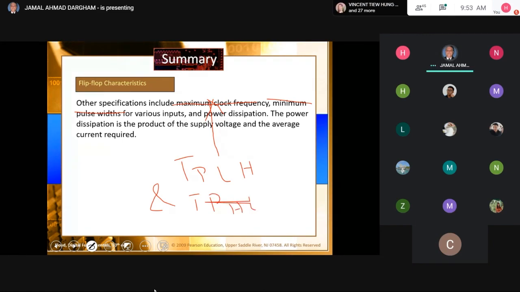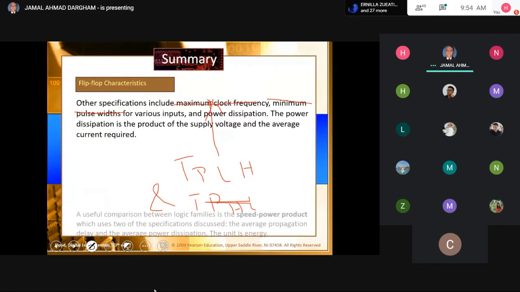So these are the technical specification which is required for your flip-flop to operate correctly. This is only important if you are actually building project using flip-flop, not in the theory or in the design, only when you are building the actual circuit.